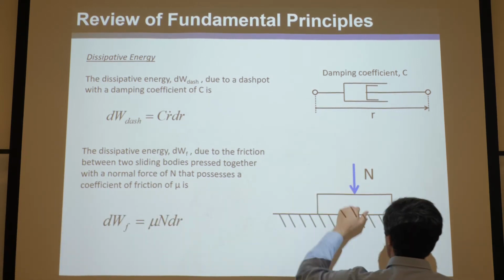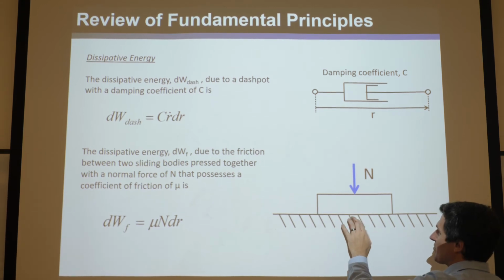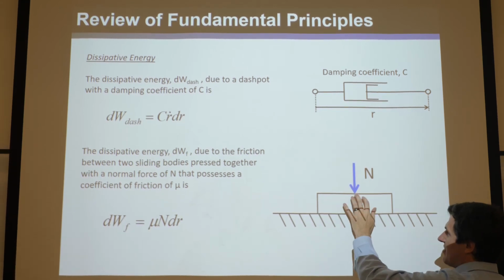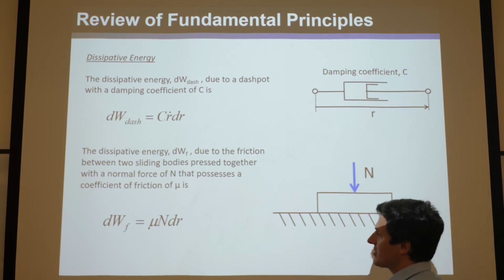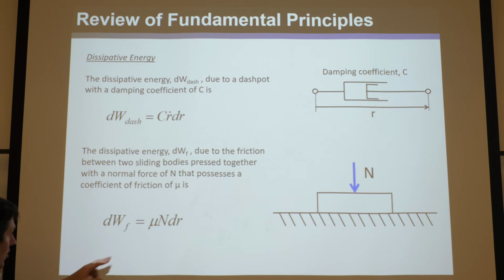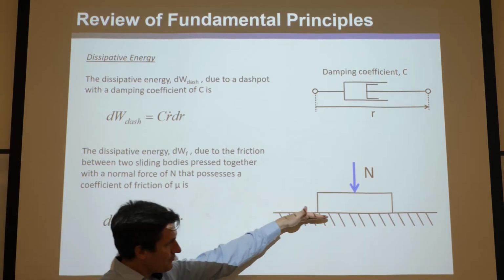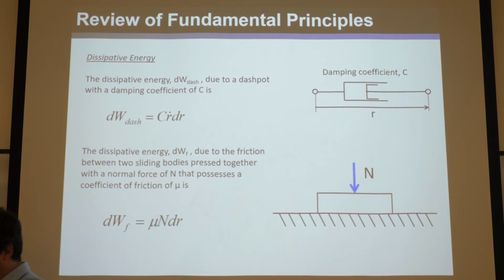If you have a normal force here, which is basically better captured by the force that the ground pushes up on the body, that is really the normal force. And that normal force multiplied by a coefficient of friction is the force that it can resist due to friction, right?